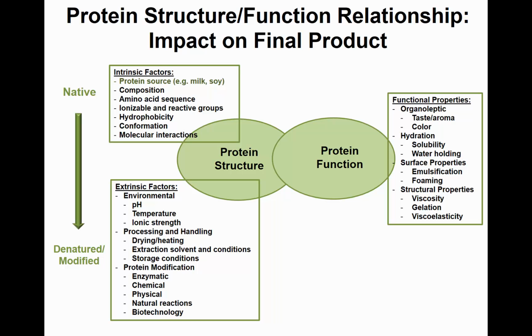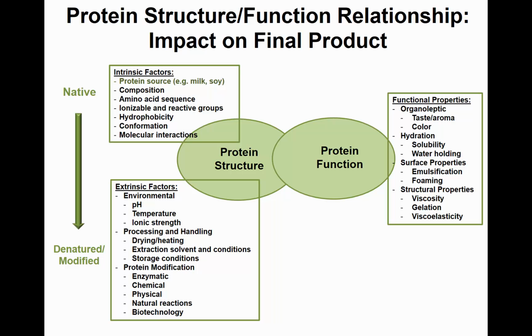And then surface properties, interaction with lipid and emulsification, interaction with air and foaming. And then there are the structure, the viscosity, the gelation, the viscoelasticity. So each category will be covered in detail later on.